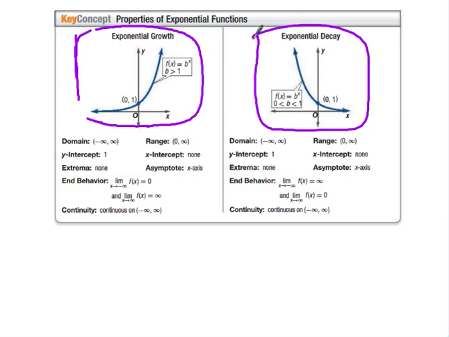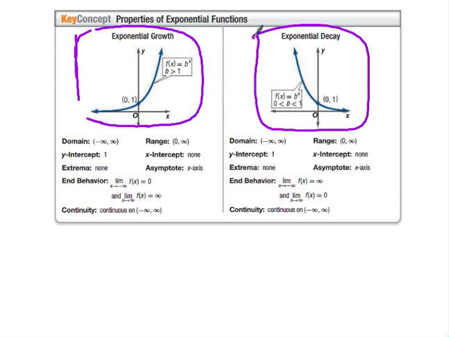An example might be a disease, like how the flu spreads, or how bacteria grow and multiply. Exponential decay is something that gets smaller, like the half-lives, if you've ever heard that in science. When they talk about half-lives of an element, that's exponential decay.